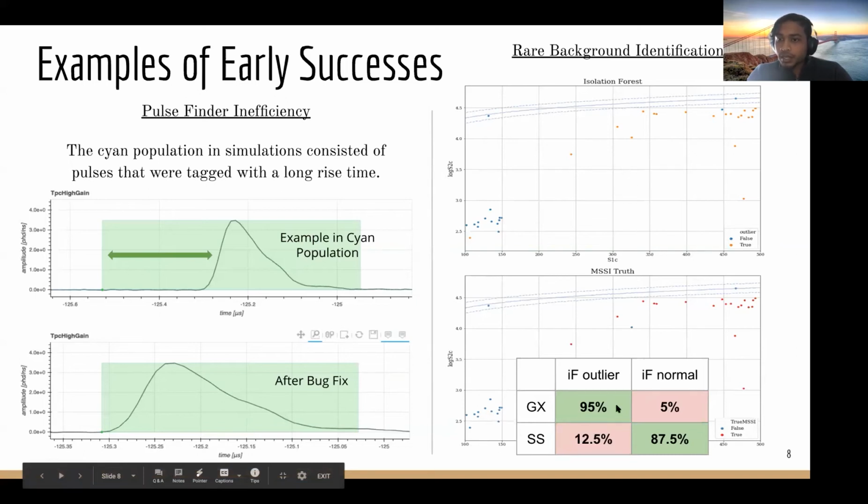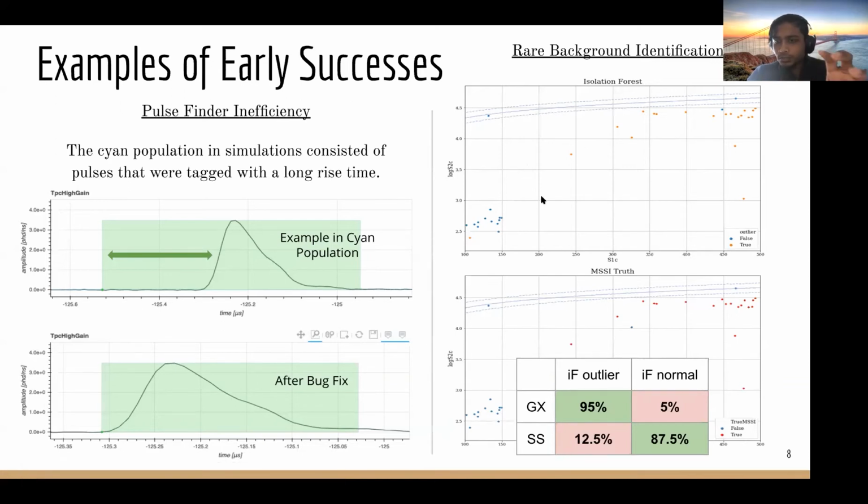And so this table was generated by comparing the outlier points of the isolation forest with the simulation truth data. And so, yeah, we have a 95% success rate of identifying these gamma X with a pretty low leakage.